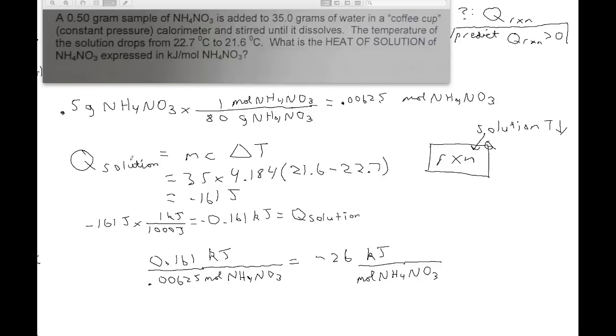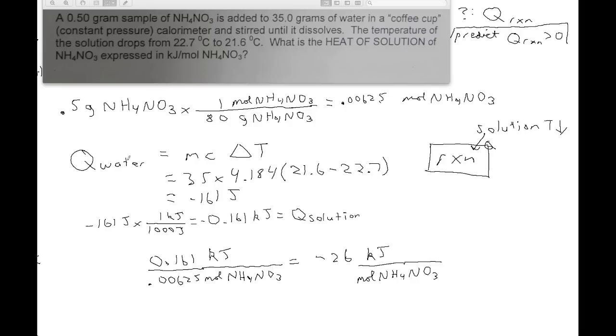So the problem here is that there's a little bit of ambiguity. When they say the heat of the solution, what they mean is the heat of the solution reaction. The question is asking us for the heat of the solution reaction. But when you wrote down the heat of the solution here, what you really meant was the heat of the water, the heat that the water itself was gaining or losing.